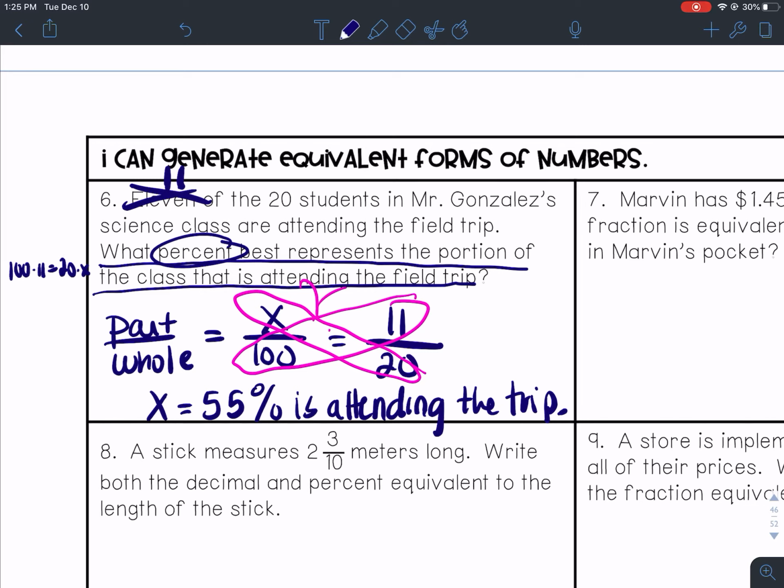Okay, this right here gives me 1,100. 20 times x. So I'm dividing 1,100 by 20. Take away my zeros. And 110 divided by 20 is my 55. Okay, I'm not going to do the whole problem because I already did it. Okay, so that's one way you could do it. Or those are 2 ways actually that you can do it.